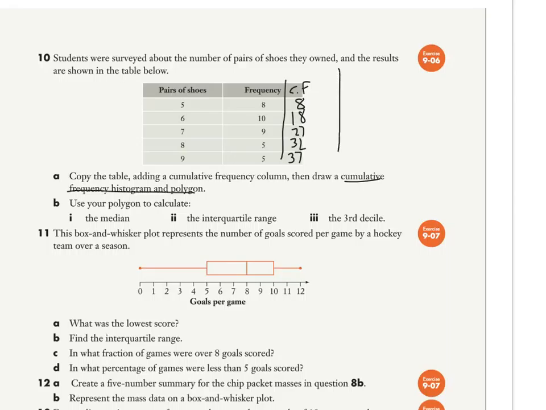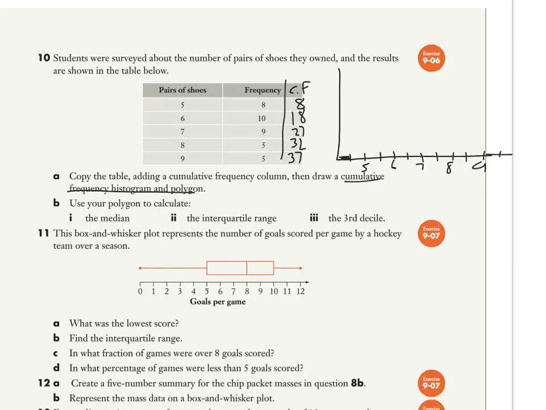So therefore, hopefully with a ruler, go in half a centimetre each. Now we have to start with that half a centimetre gap here. 5, 6, 7, 8, and 9 are our shoe sizes. Now our cumulative frequency goes up to 37.